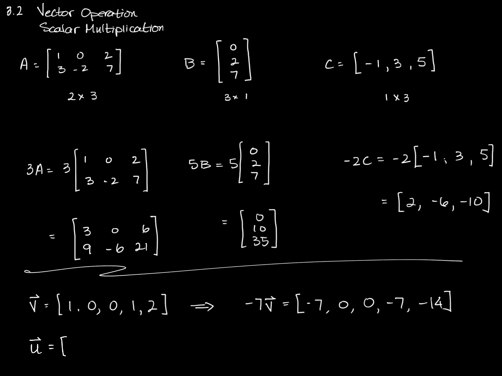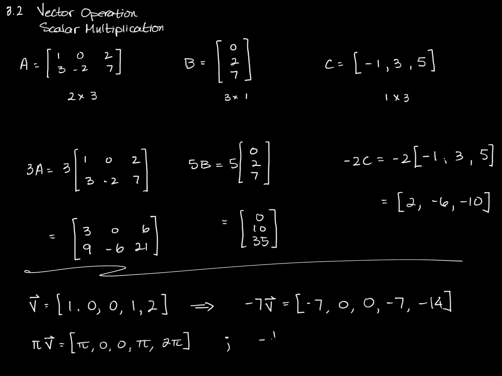So in fact, let me just go back and I'll just use vector v again. This time I'm going to multiply it by, let's say, pi. Pi times the vector v is going to be pi, 0, 0, pi, 2 pi.